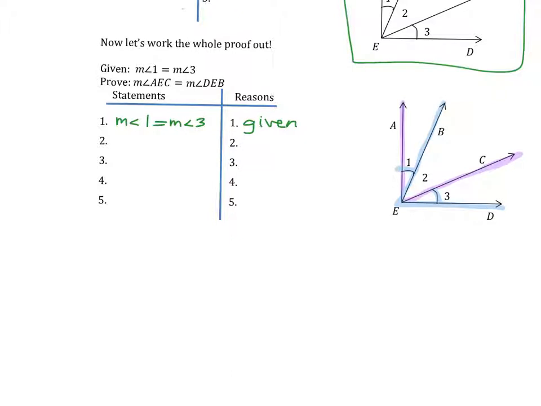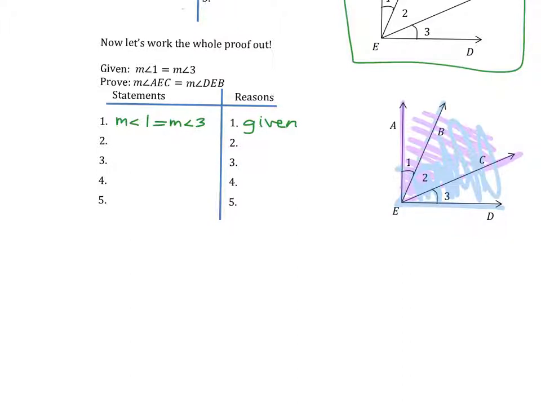So if you look at the purple angle, and if you look at the blue angle, what about them is exactly the same? Where is the overlap, in other words? BEC. Right, it's angle 2. So here's where this comes into play.